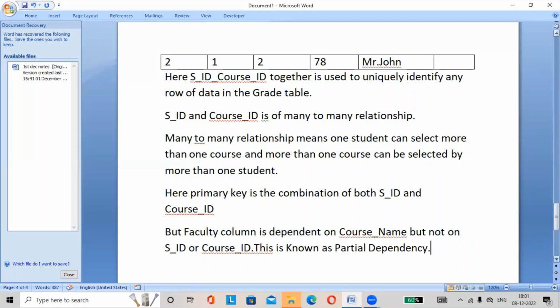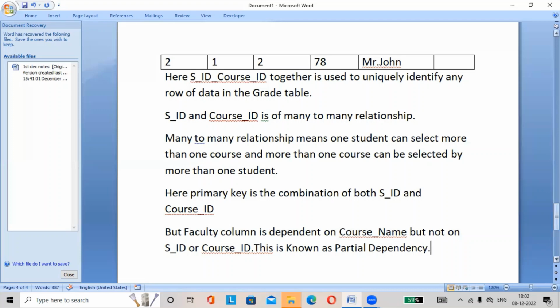Here the column does not depend on the primary key. It depends on the course name. So this is known as partial dependency. How to remove this partial dependency? One method is to move this. Is it clear, ma'am, what dependency and partial dependency are?